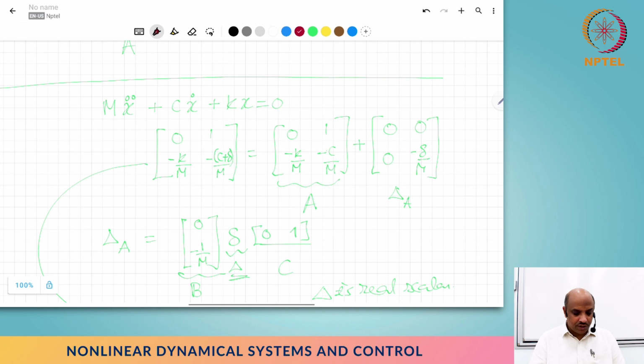If we consider this typical spring mass damper system, we can write the so-called system matrix, or A matrix that we have been using in notation, as [0, 1; minus k by m, minus c by m], right?